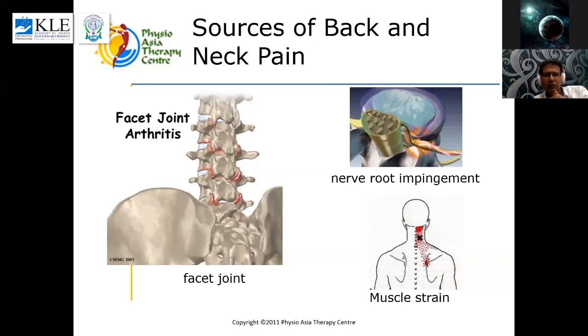One will be your facet joints or bone-related pathologies. Second will be your muscle-related pathologies such as muscular strain, sprain, and so on. And the third will be your nerve-related pathologies, right? So you need to understand where the pain is coming from.